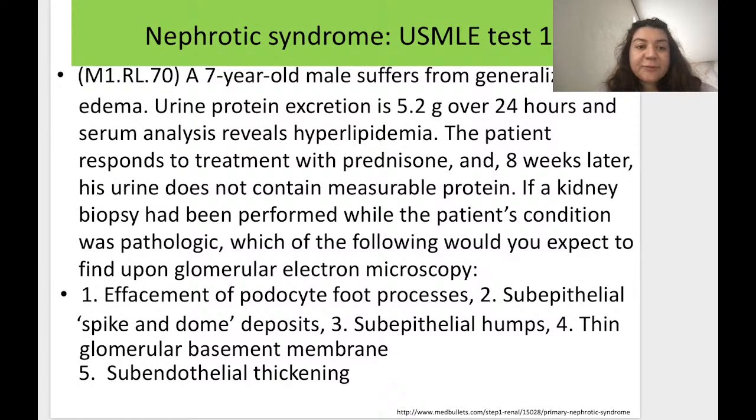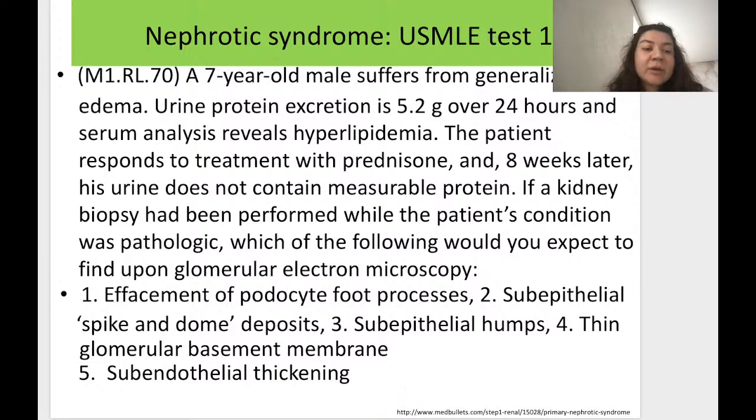First test. A 7-year-old male suffers from generalized edema. Urine protein excretion is 5.2 grams over 24 hours, and serum analysis revealed hyperlipidemia. The patient responds to treatment with prednisone, and 8 weeks later his urine does not contain measurable protein.